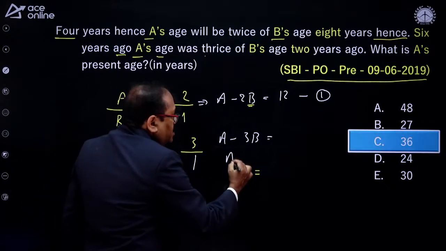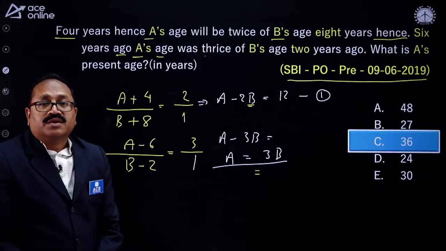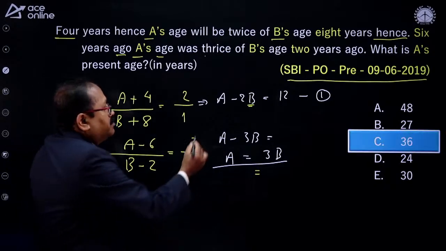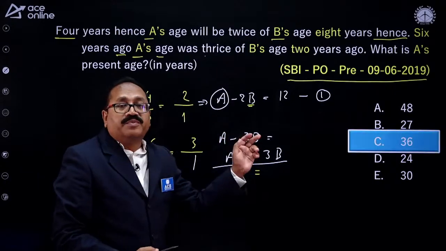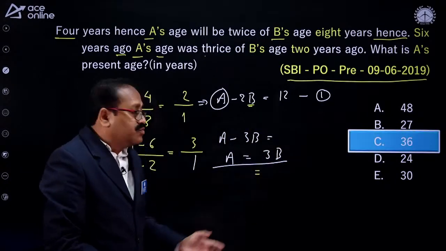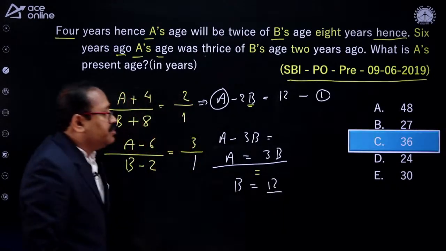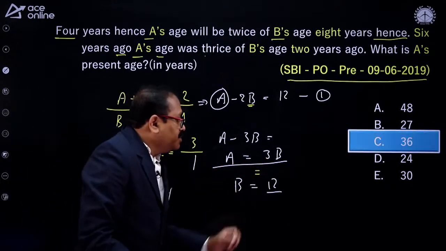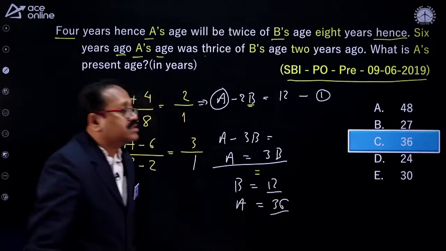That means what is given to us is A is equal to 3B. So once A is equal to 3B, I will replace this A with 3B. So 3B minus 2B, B is equal to 12. Once I got B is equal to 12, then what will be A? A will be 3B, which is 36. So A is equal to 36.